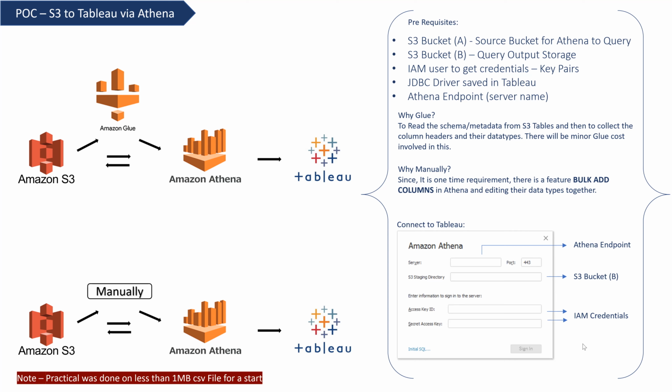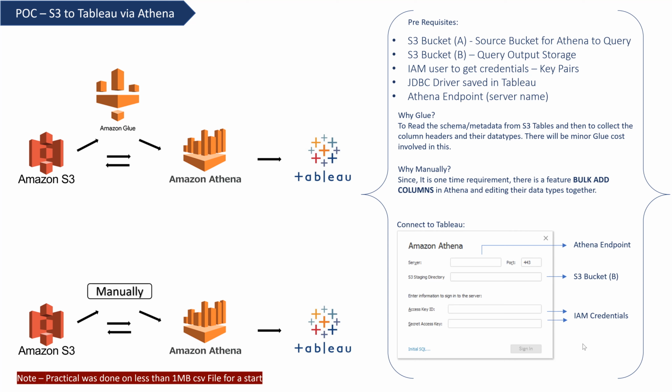So these are four things which you will need to connect to Tableau, and make sure your JDBC driver is there inside the Tableau folder, because without that you won't be able to connect to Athena. And you can see 443 in the port section. This comes automatically, so you don't have to worry about that. But you can always use 443 if you by mistake delete it or something, but it's always the same 443.